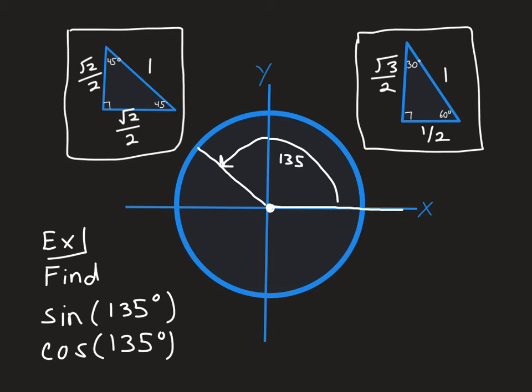Okay, what I want to do from here is create a triangle. So let's go ahead and create a triangle, and what you always want to do is create a triangle that is touching the x-axis. So for example, if I were to draw a triangle like this, that would be incorrect. That's not going to help me with what I want to do.